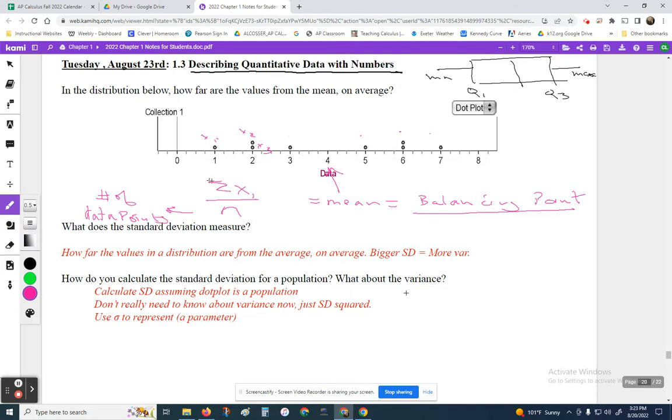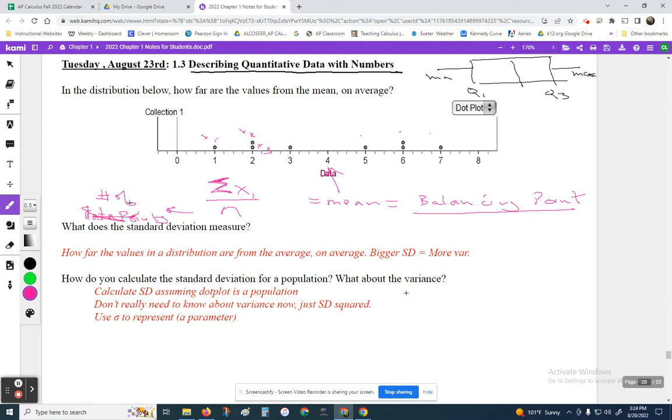This is the sideways summation notation. So we're going to sum or add all these up together. That's how we get the mean.